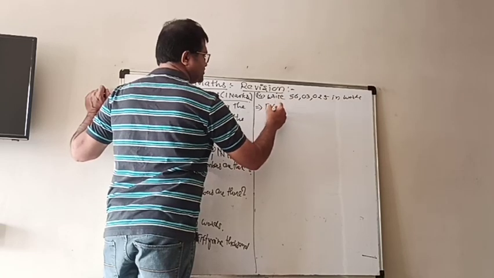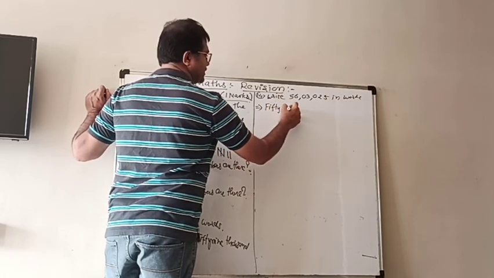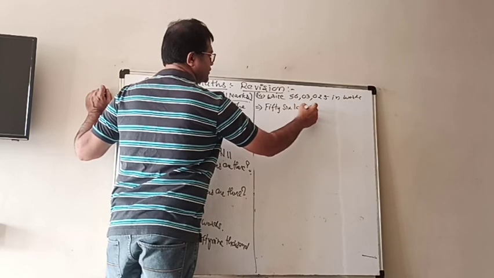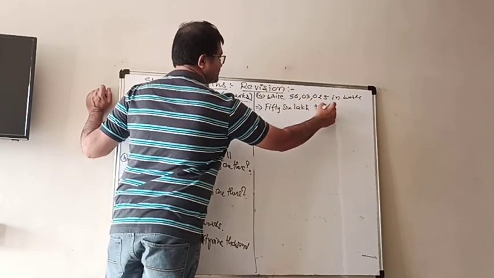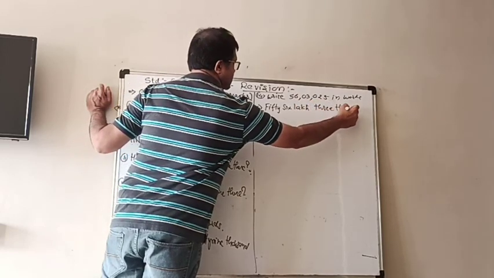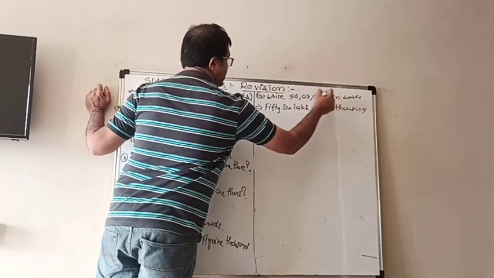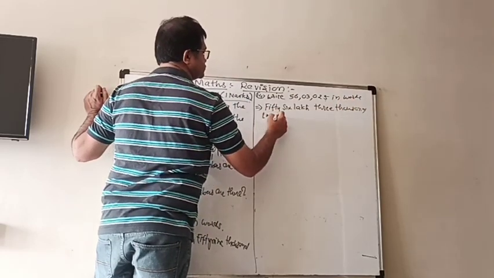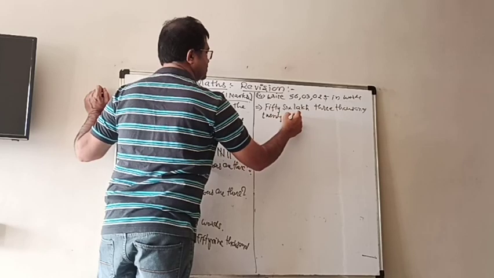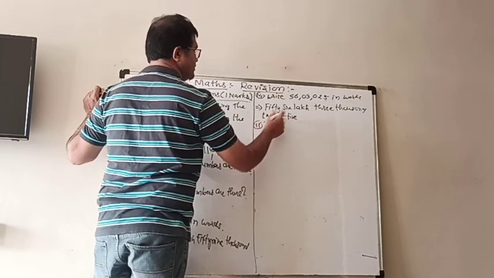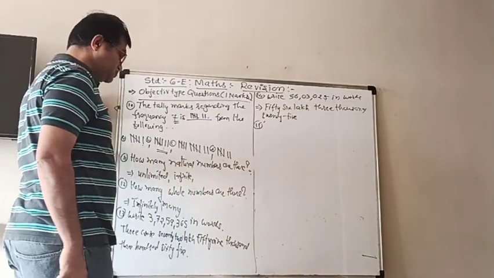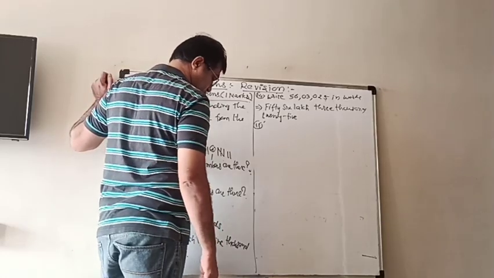So 56 lakh, only 3,000. 3,025. 3,025, because in the hundreds place also nothing is there.